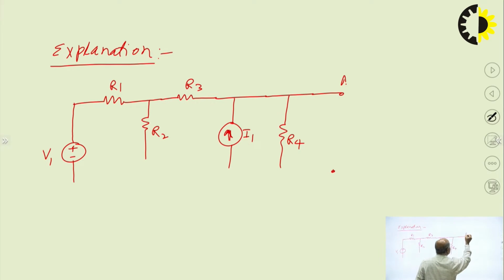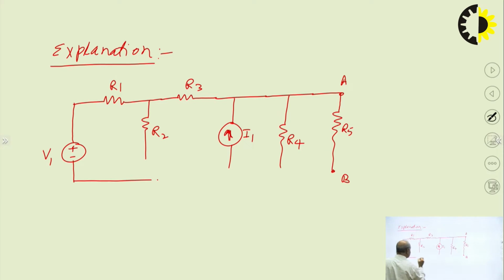We want to calculate the current in this load, this branch, which we can call R5. These are connected like this. So this is our complex circuit.